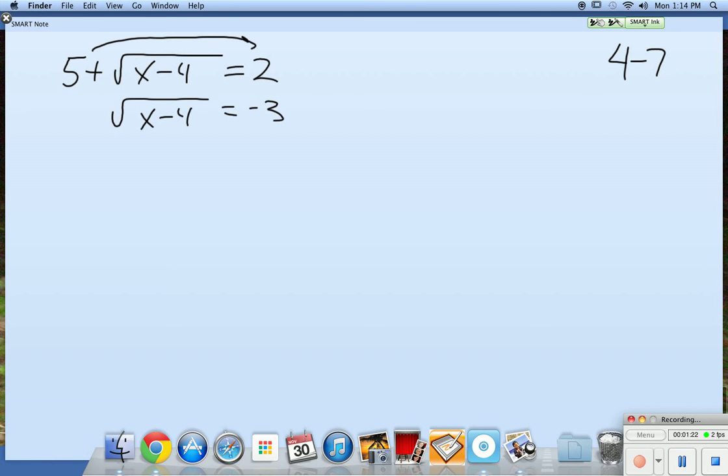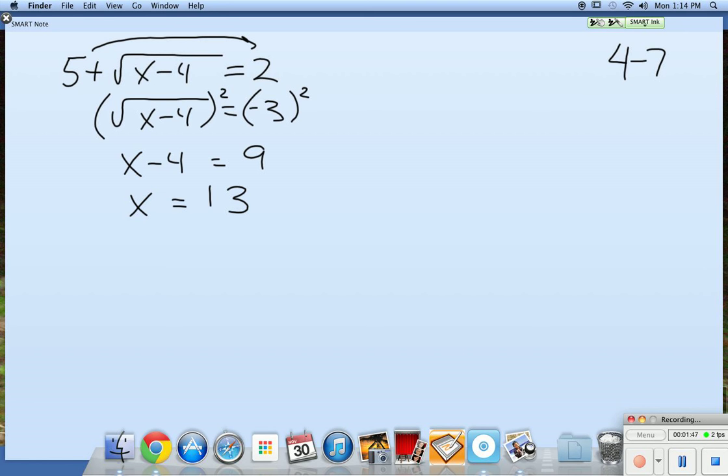What's going to happen, we're going to square both sides of this. All right, so we end up with x minus 4 equals 9. X equals 13. We're going to put 13 back into this right here and see if we can come up with 2.